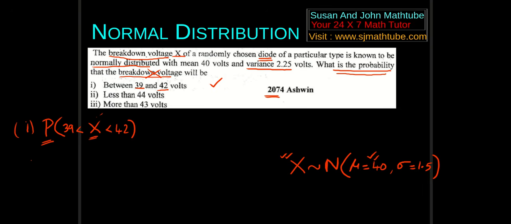Okay, now what I do is I am going to standardize this. When you learned inequations long back, maybe in class 11, you have learned that you can subtract an inequation throughout by any number you like. So I am going to subtract throughout by mu.